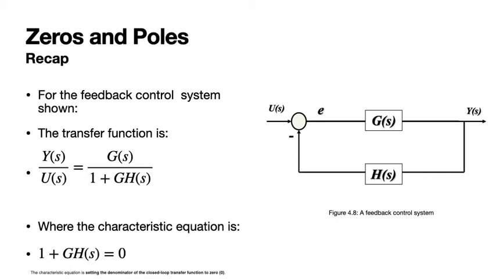The characteristic equation will give the poles of the system, which are the important quantity for understanding the performance of the system in many ways. And we're going to look at more examples on this concept while sketching the root locus later on.